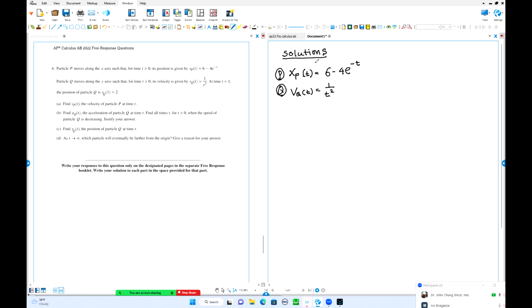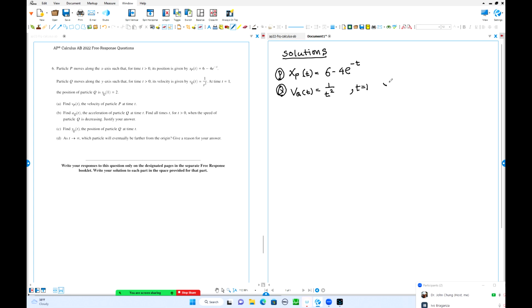So we have two particles. One is given by the position, the other one by the velocity. This velocity is given when t equals 0, the initial. When t equals 1, its position is 2.